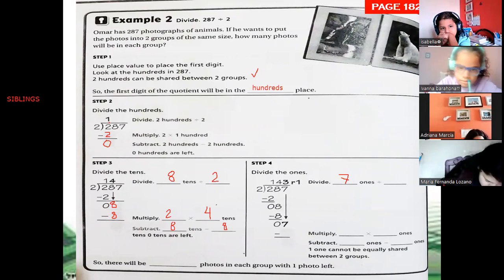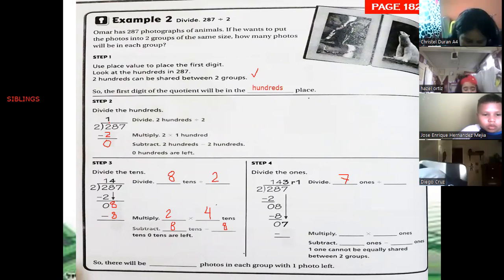By 7? We are dividing by 7. 287 by 7, like that. This division is by 7. 287 divided by 7. That's our exercise.